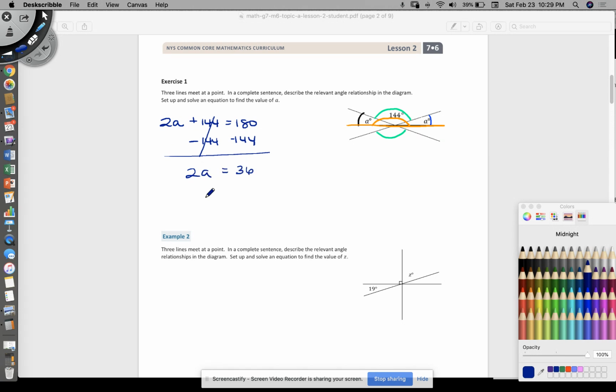Those cancel, and I get 2A equals 36. 2 times what gives me 36? You can divide by 2, and A equals 18. So this is 18 degrees, and this is also 18 degrees.